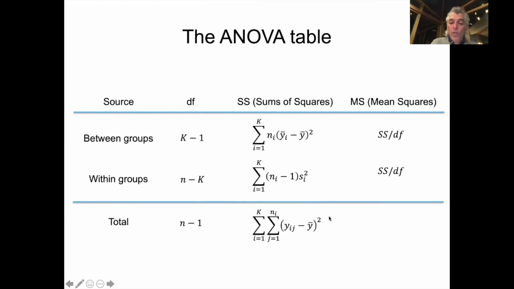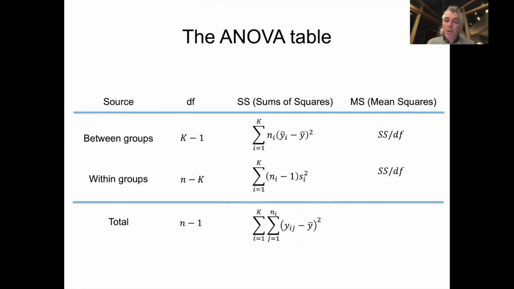And our total sums of squares is the sum of all of the squared deviations of each observation from the grand mean, summed across all observations within each group and summed across all groups. So we can take these sums of squares and divide them by the degrees of freedom to calculate our mean square. And we can do this for the between group effect as well as the within group effect.